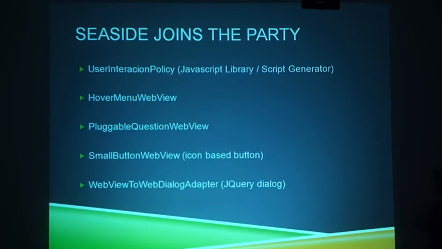I'll tell you just quickly about some interesting objects that came up when doing the Seaside work, because they may be of use. I just tell you the ideas, but I have what's called a user interaction policy. It's basically like a JavaScript library, but it's dynamic. It has the logic to generate JavaScript code that is then used in Seaside.